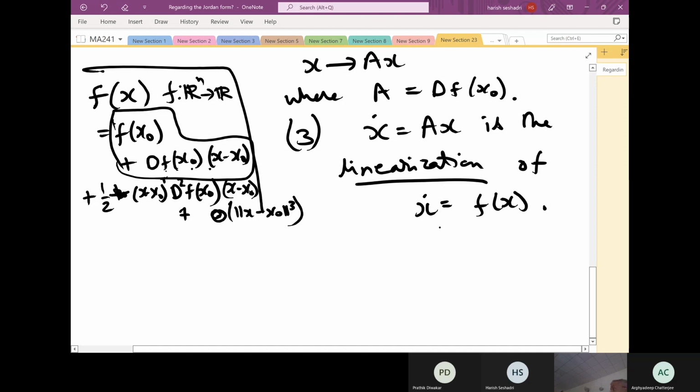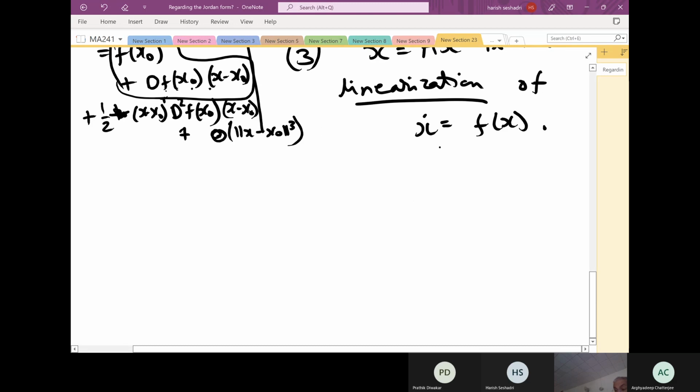I mean, this function f of x might be extremely complicated. How would replacing it with a constant coefficient linear system help us get any information? But surprisingly, it does, at least under a very important assumption, which I'm going to define next.